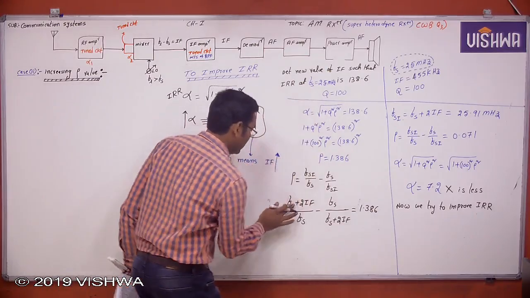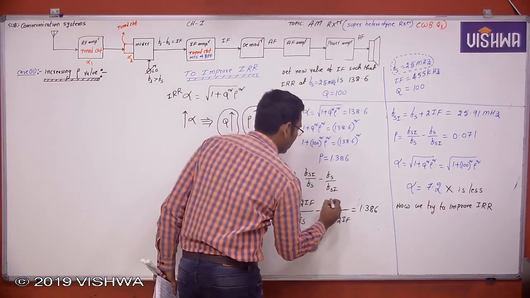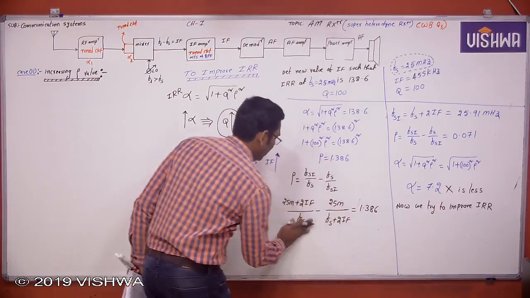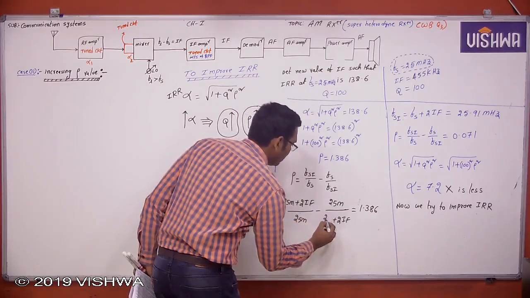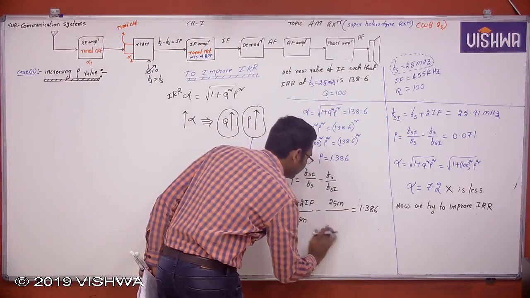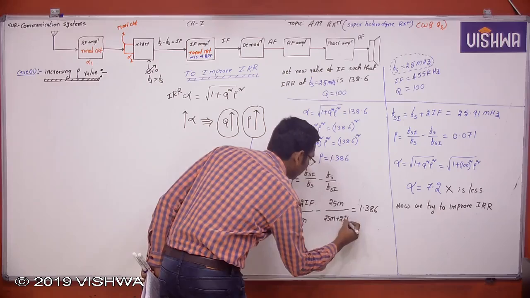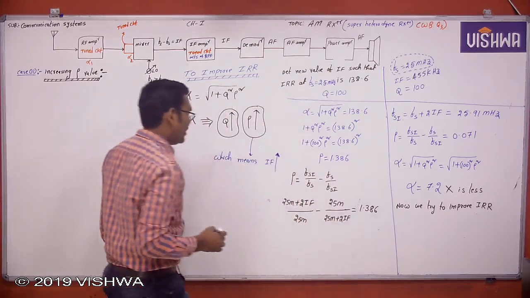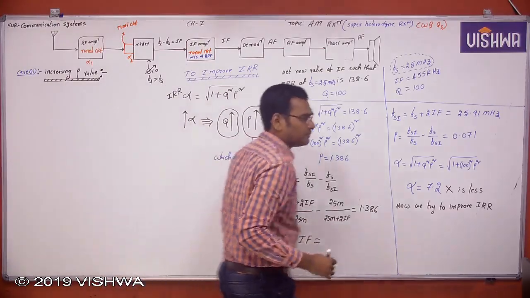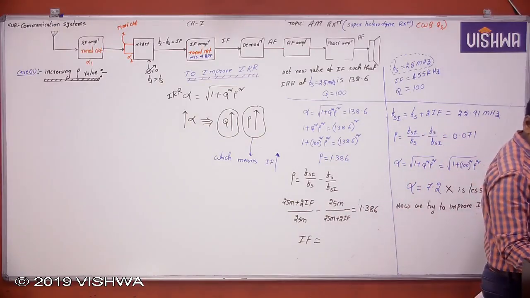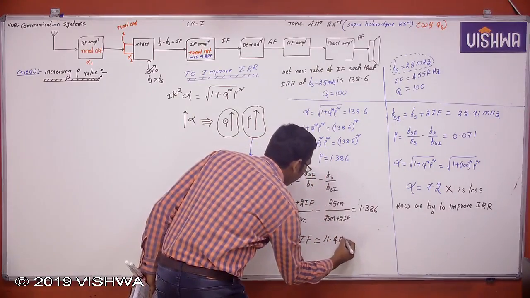Fs is 25 megahertz. Therefore, if you simplify, this If value is 11.4 megahertz.